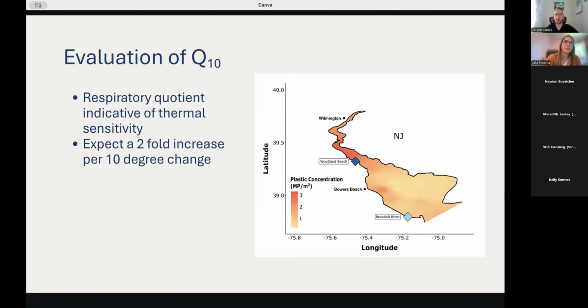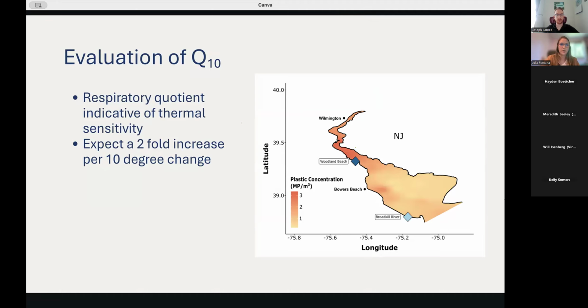And then to double check if these animals were thermally sensitive, we wanted to look at Q10s. A Q10 is just a respiratory quotient that can indicate thermal sensitivity. You're going to expect a twofold increase per 10-degree change in a healthy organism. So at 0 degrees, if your respiration rate was 1, at 10 degrees, you're going to expect a respiration rate of 2.